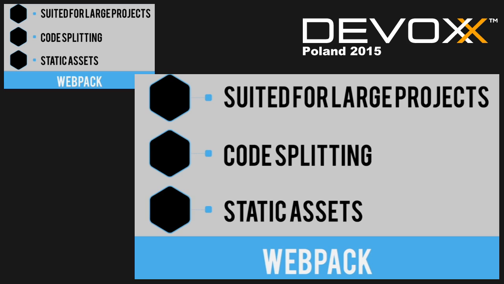So you can do PNG crunch, for example, and other things. It also allows you to process, for example, Less or Sass. So basically, it's an all-in-one tool that does everything you need to prepare either your website or your single-page web application for delivery to your end user.